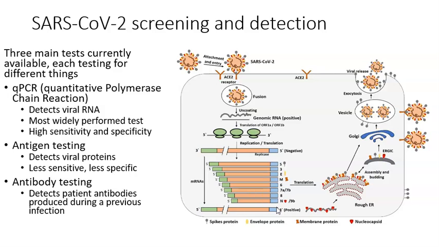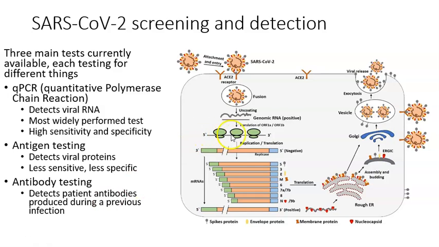Those proteins are expressed, they end up in the rough endoplasmic reticulum and Golgi, and the viruses are pieced together and then bud from the cell. So we can detect two different things to detect the presence of active virus, that is the viral RNA, or any one of these viral proteins. So if we can detect either of those, we know that viruses are present.